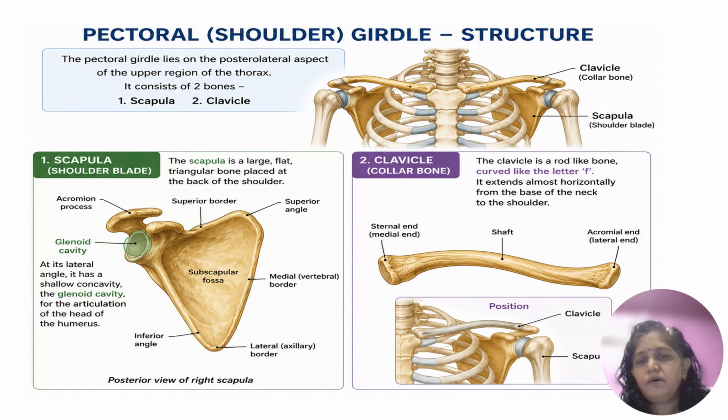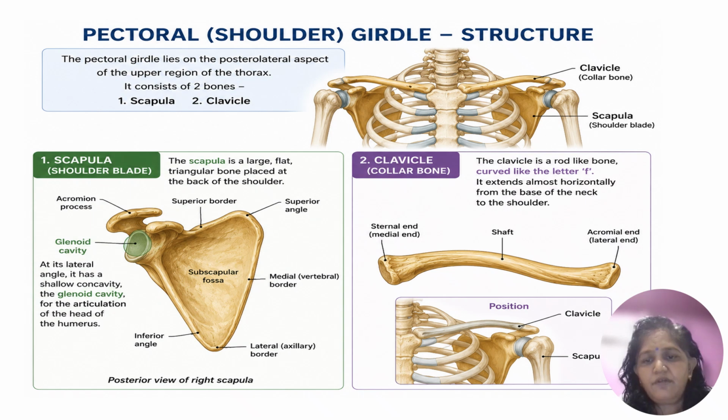Now if I talk about the clavicle, the collarbone is a rod-like bone curved like an F structure. It has a sternal end and an acromial end, also a lateral end, and its position is already given over here.